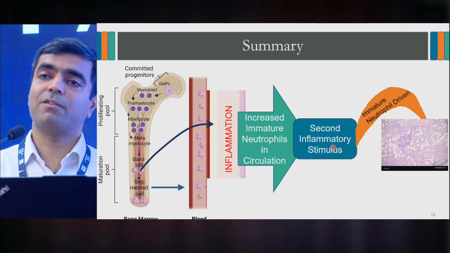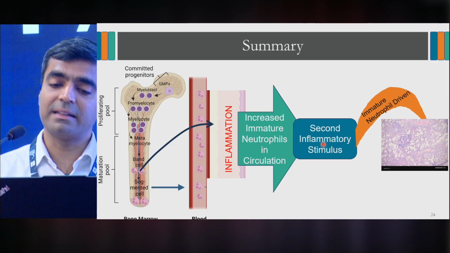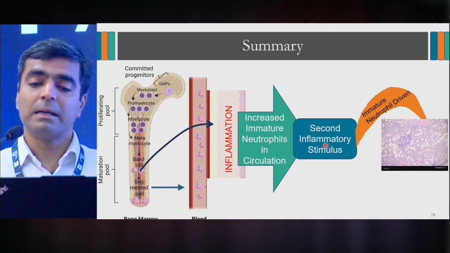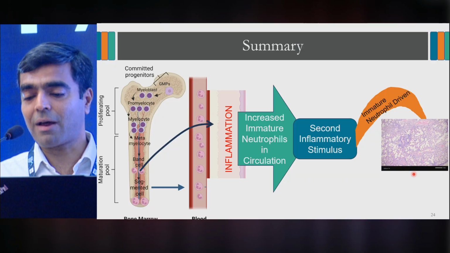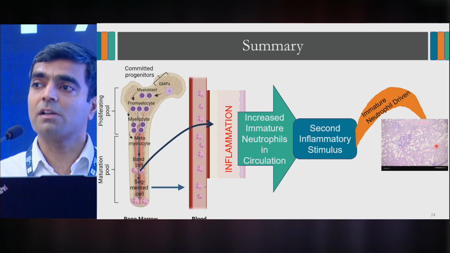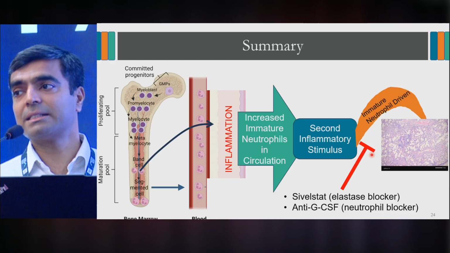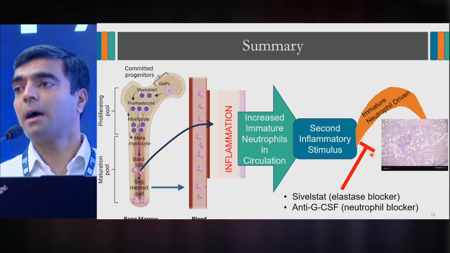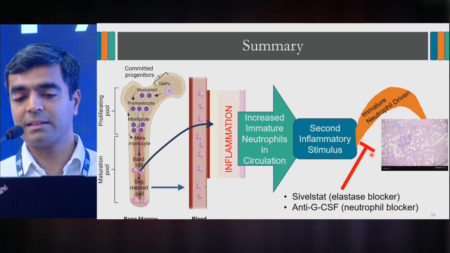If you add a second inflammatory stimulus, what our data shows, at least in the animal model, and we're now testing it in some human samples, is that the immature neutrophils drive pathology, immunopathology. They drive the inflammatory pathology, causing greater lung injury. And we can block this using Sivelestat and anti-GCSF. And we're now working out whether there are other drug regimens that might work in this pathway.